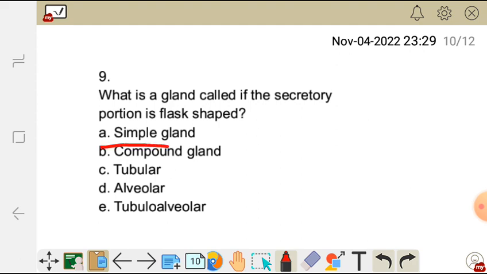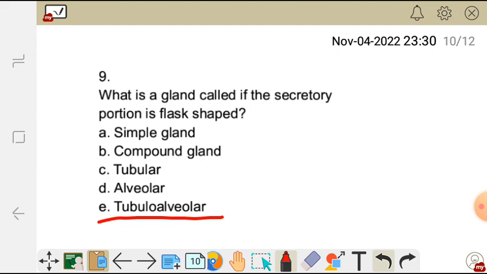Simple glands have a tube which is not branched, and compound glands are branched. Tubular is a type of simple gland, and alveolar is also a simple gland. Tubular alveolar is a compound gland.